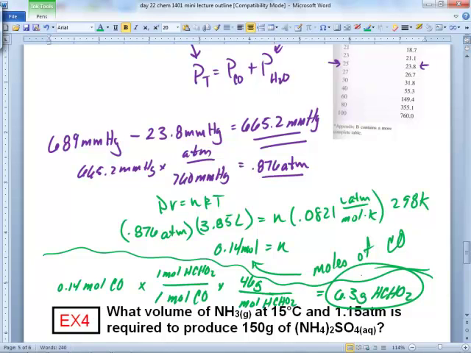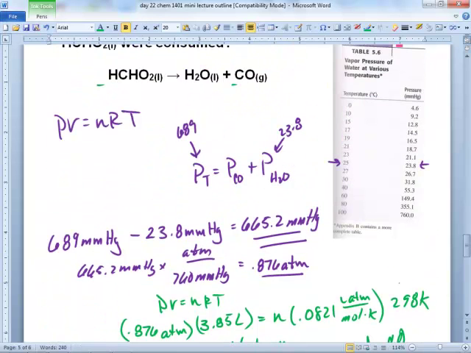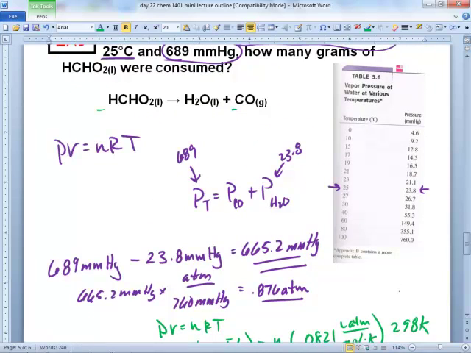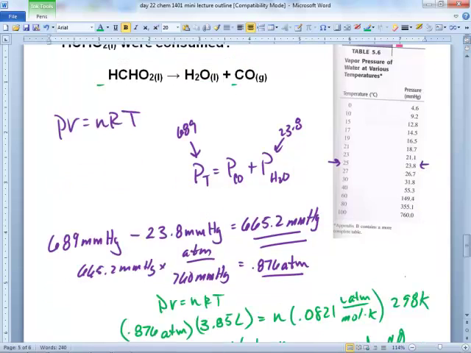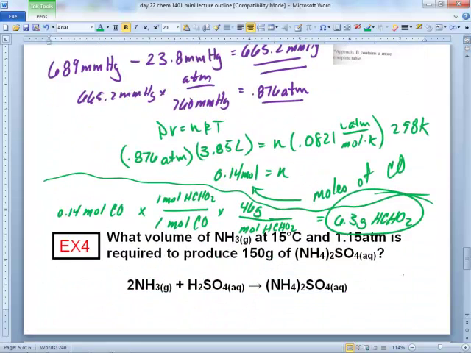So now you see that life has gotten a little more complicated, right? Realize in these questions, they start giving you volume and pressure. They could ask for a lot of different things. You know you're going to be using PV equals nRT. And if you're not collecting over water, you don't correct the pressure. Like look at this next one. There are no words at all about collecting over water.